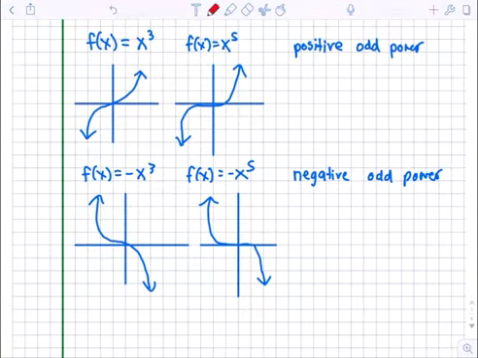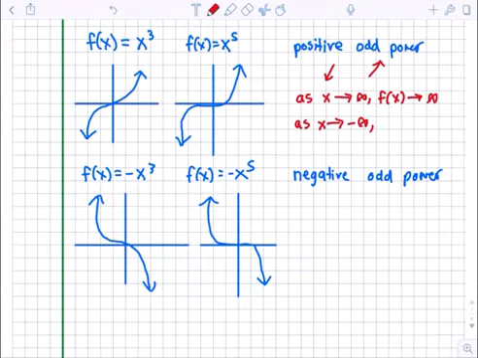We have a down and it goes up. So as x approaches infinity, f of x approaches infinity. And as x approaches negative infinity, f of x approaches negative infinity.